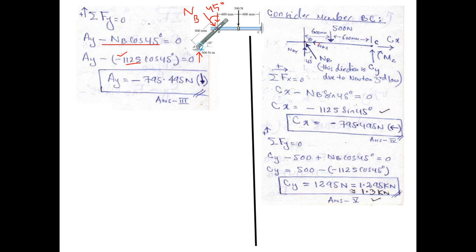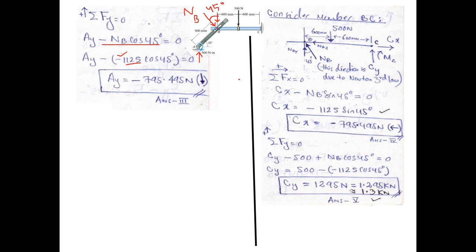This is because when I join BC and AB together again, these reactions NB cancel out each other internally, because NB only appeared when we disconnected member AB from member BC through this peg.